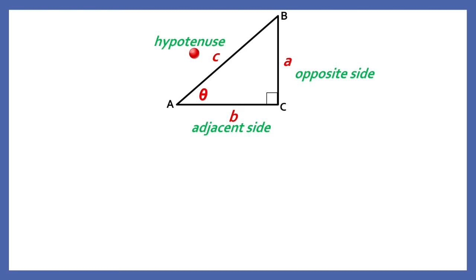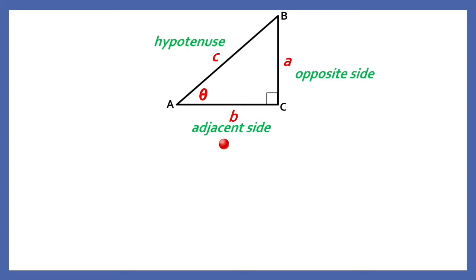Tinatawag natin siyang hypotenuse. Okay, again, ang angles ay symbolized by capital letters and yung side opposite ng bawat angles, ang ginagamit natin ay same letter pa rin pero naka lowercase letters.